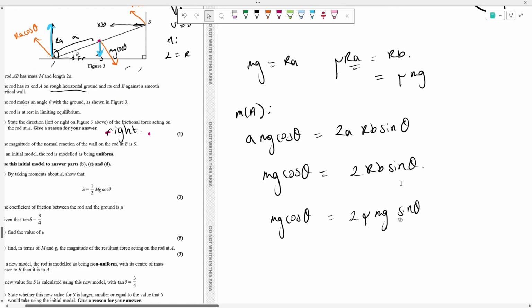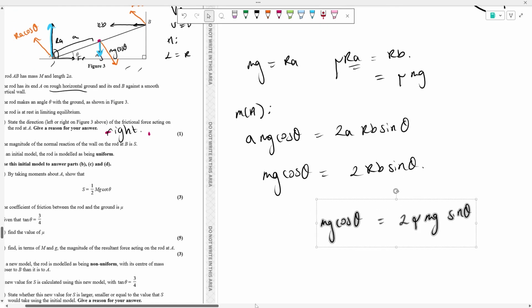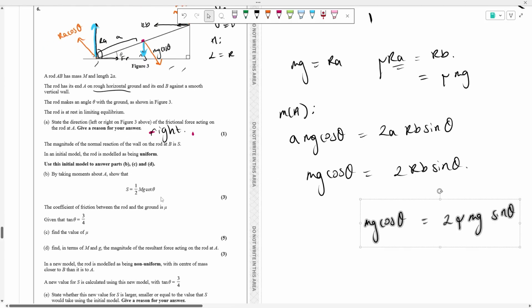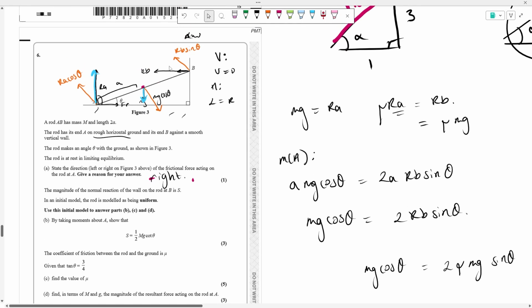Well, actually, before we even do that, I'm going to stop and just look at part B. I'm kind of interested in this because the question is saying the magnitude of the normal reaction of the wall on the rod at B is S. So we said that S is Rb, which is fine. In an initial model, the rod is being uniform, fine. By taking moments about A, show that S is equal to this.